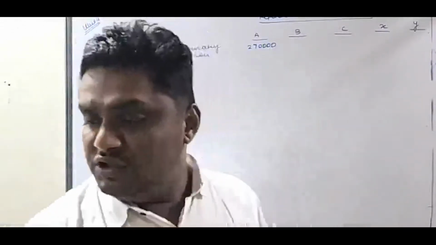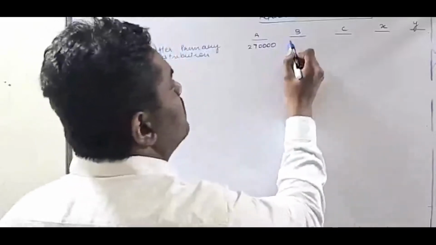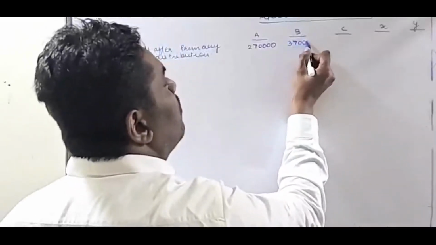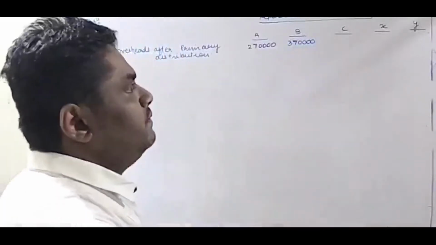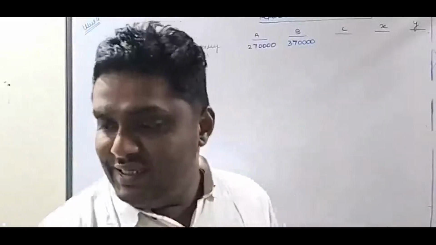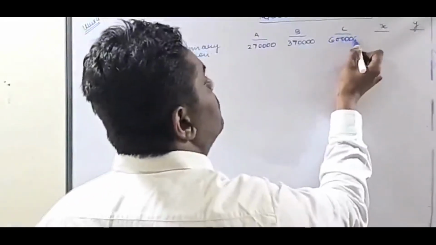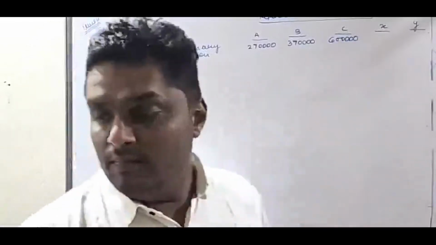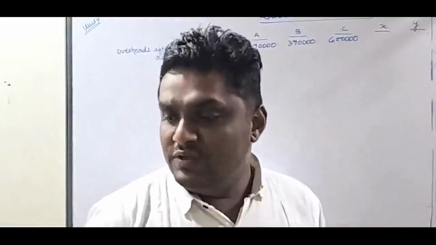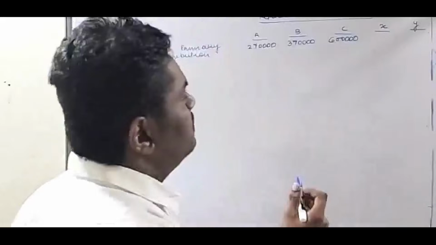For B, it was 3,70,000. For C, it was 6 lakh. For X, it was 4,75,000.